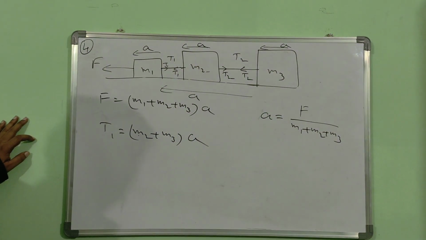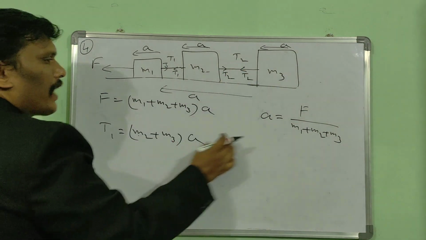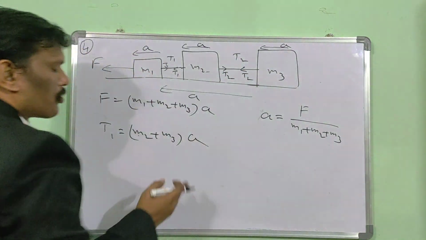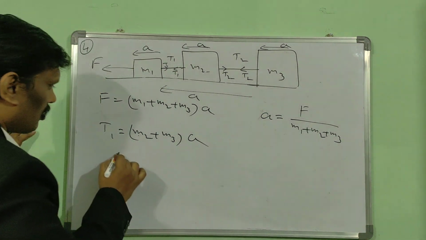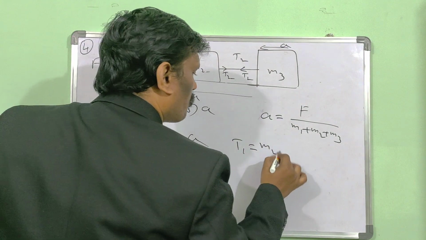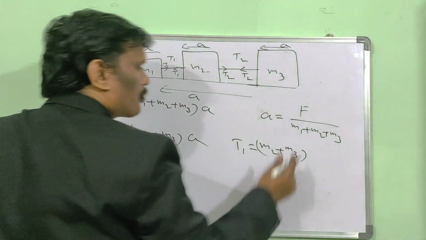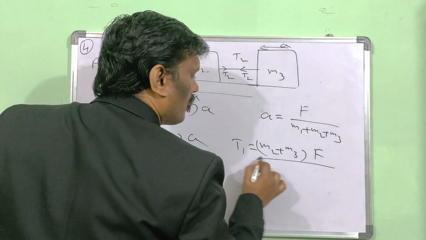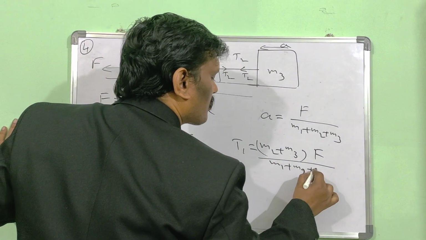So substitute the M2 and M3 values, calculate acceleration from here and substitute here, and you will get the result. If you require the tension formula, then T1 is equal to M2 plus M3 times acceleration. Substitute the acceleration formula here. What is acceleration? Force upon total mass, the sum of the three masses, M1 plus M2 plus M3.